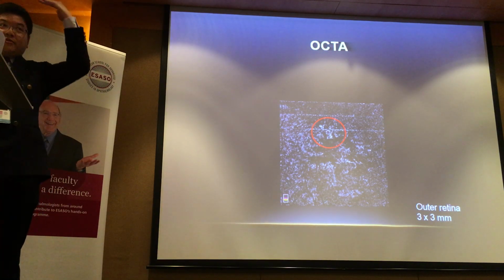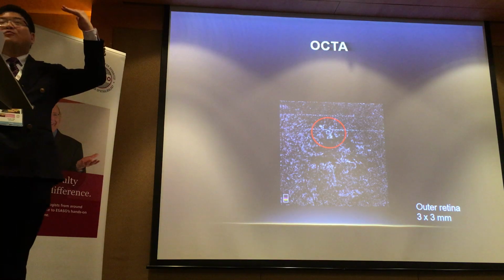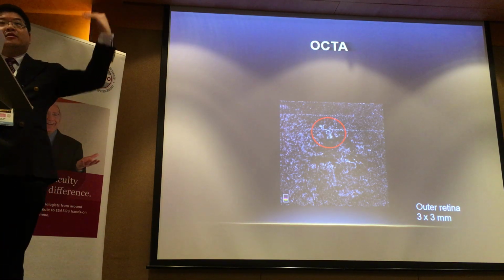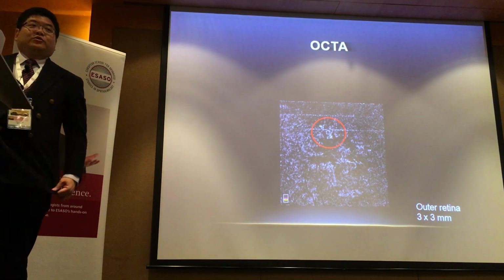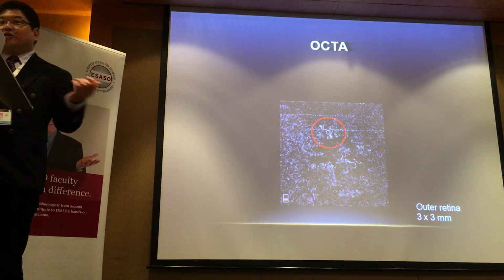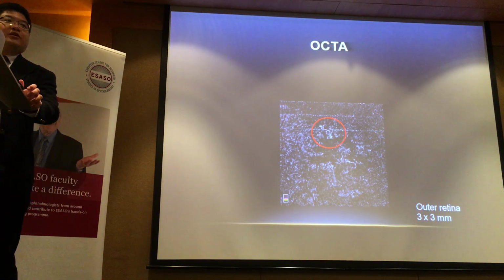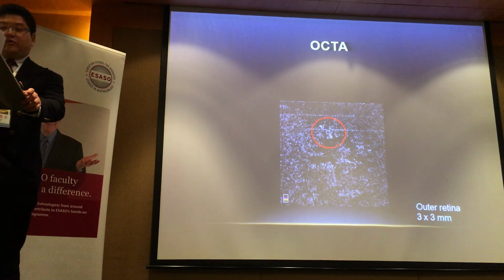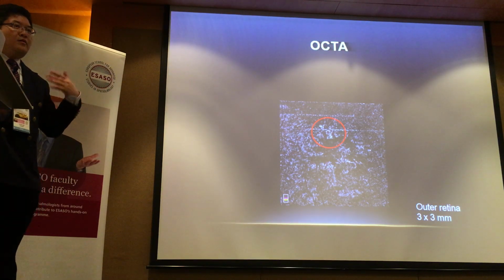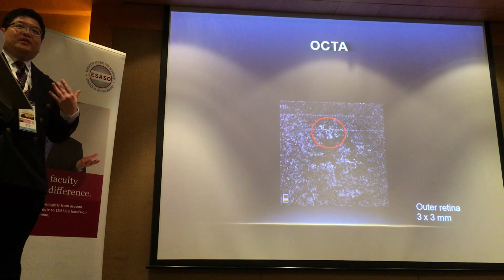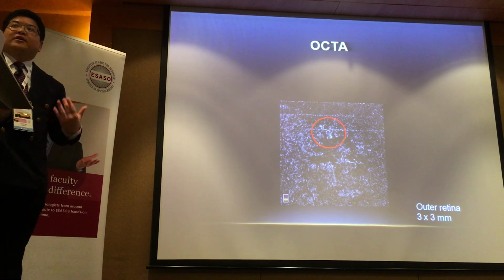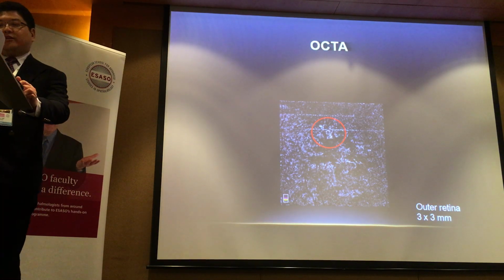And if you drew something above my head, and no, I'm not that tall, but still, from my head to the ceiling, then the machine will tell you there's no one in this room, which is not true, right? So that's an indication of how important segmentation layers are in OCT angiography. There are advantages in having more layers, but it's also important to understand what layers we're looking at, and to make sure that the layers are drawn correctly. Don't assume that.